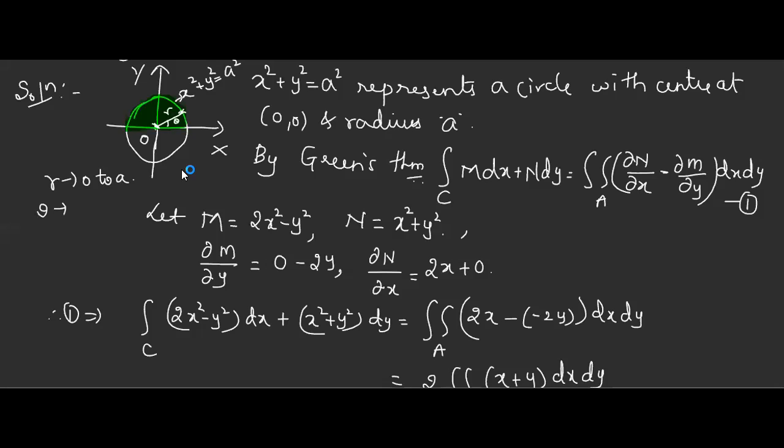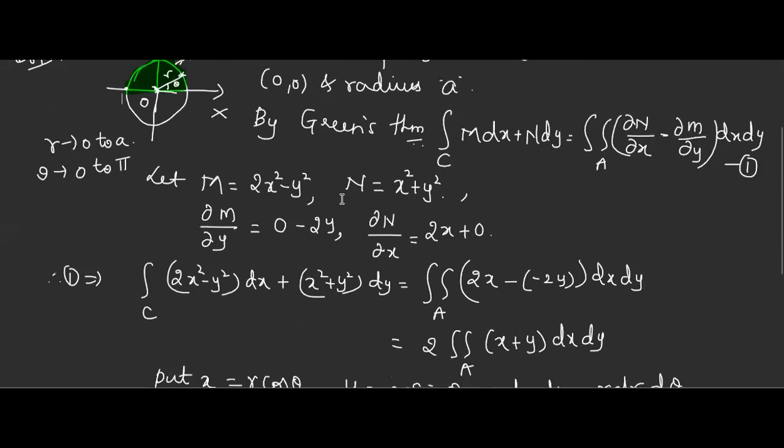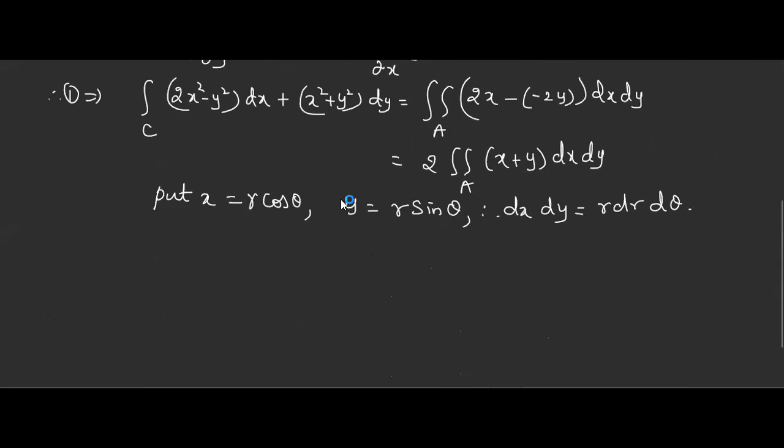And the upper limit, 0 to 180 or pi. Agree? So these are the limits. Any confusions, any doubt? See, very simple. r varies from here till here. Theta varies from here till this point, 0 to 180.